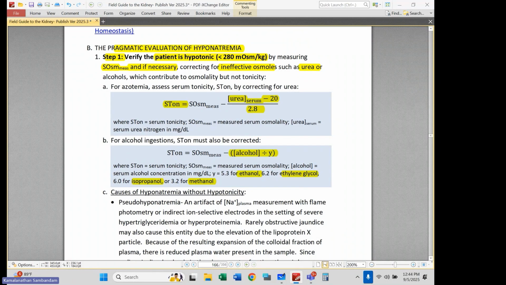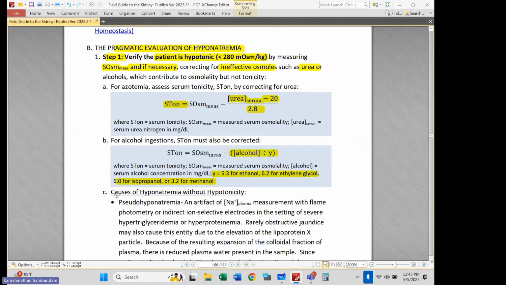You'll just need to know the correction factor, which is based on the molecular weight of these various alcohols. So ethanol, ethylene glycol, isopropyl alcohol, and methanol are given to you there, okay?